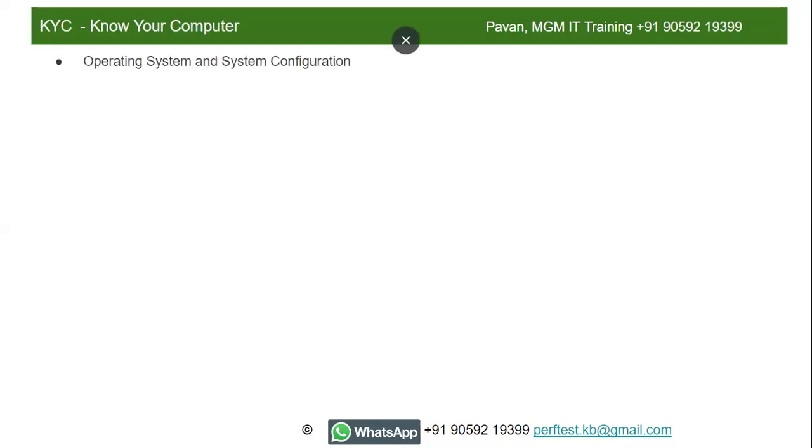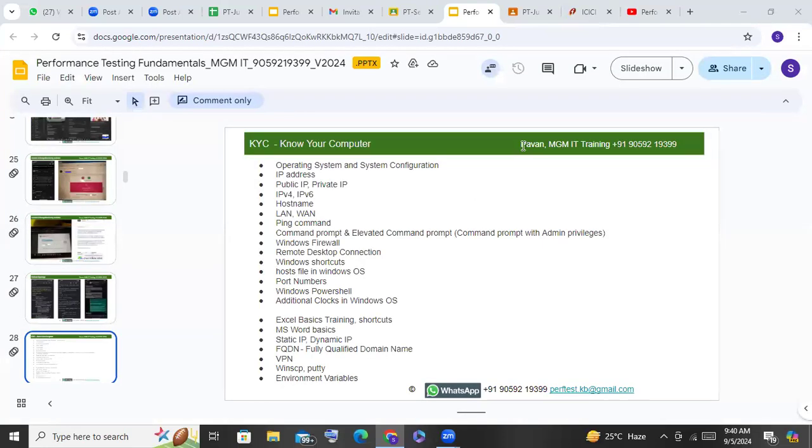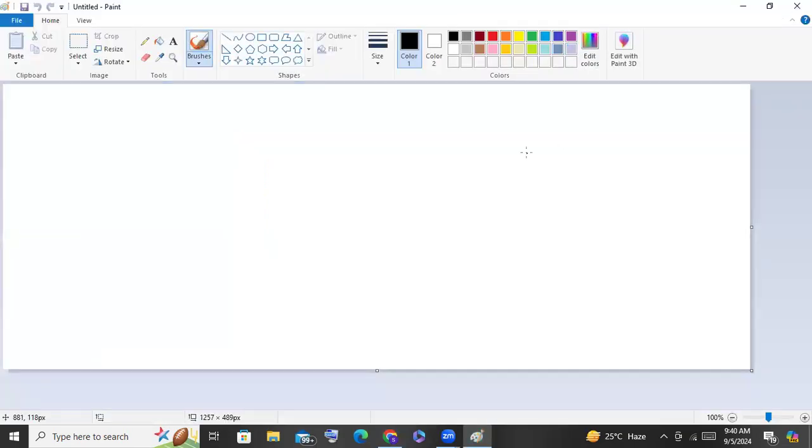So let's go through this particular slide. First, operating system and system configuration. What is an operating system, guys? Before we go into this, let's try to understand what an operating system is. Anyone?